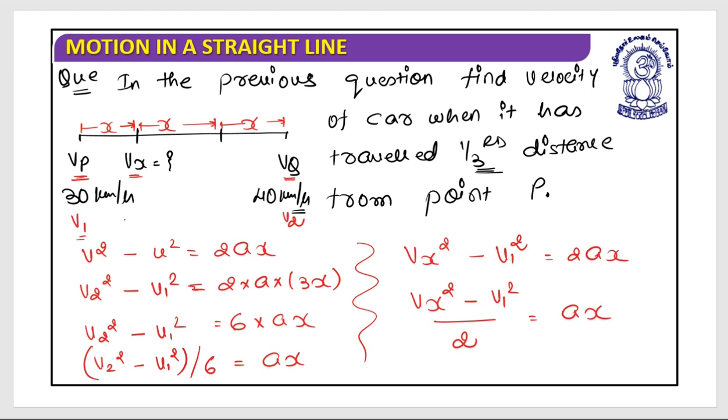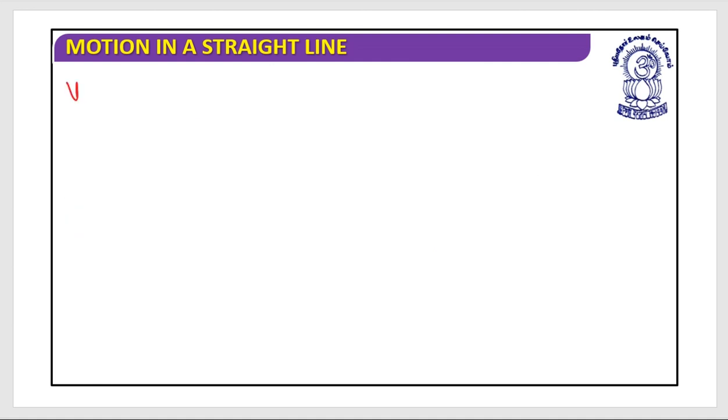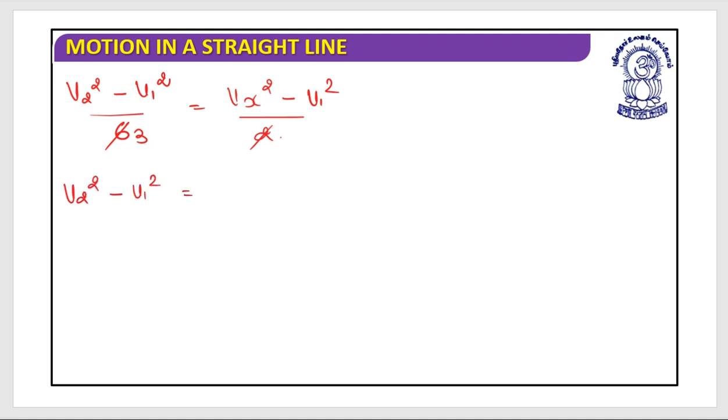Now as we did previously, I can compare this to AX. So if I compare this, V2 square minus V1 square divided by 6 should be equal to Vx square minus V1 square divided by 2. 2 threes are 6. So I can write V2 square minus V1 square equals 3 times Vx square minus 3 times V1 square.